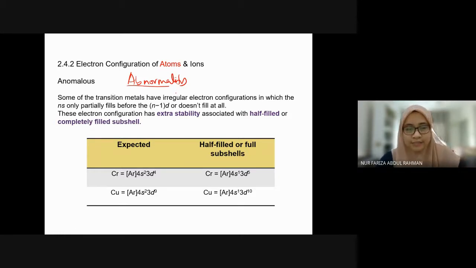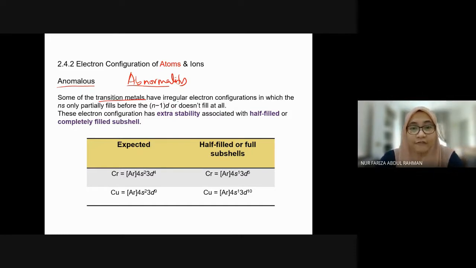This is special because it does not follow the normal trend. So in chemistry, the species that show this abnormality can be called anomalous. Anomaly or anomalous.